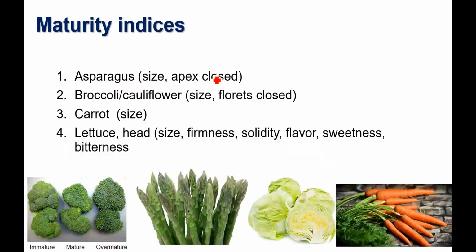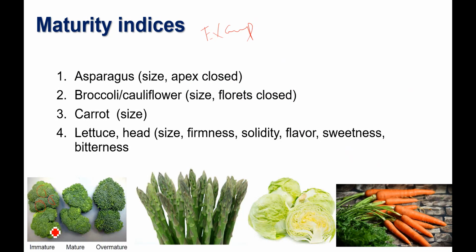So maturity indices vary from vegetable to vegetable. These are a few examples. In case of broccoli, when it is very immature, it is very compact.